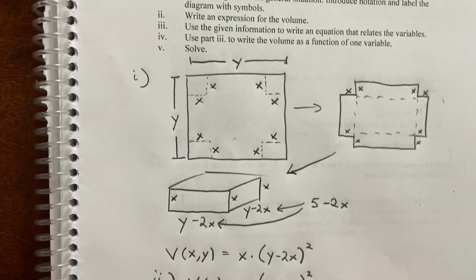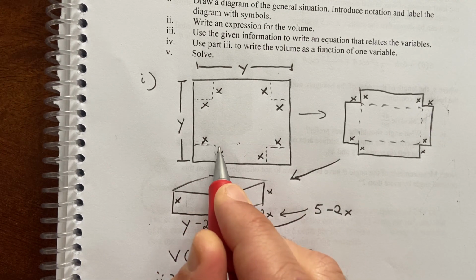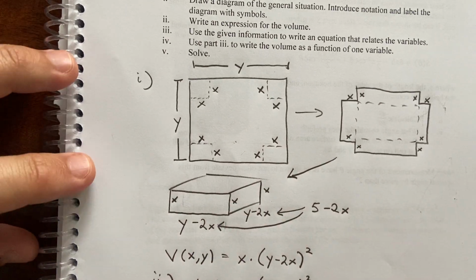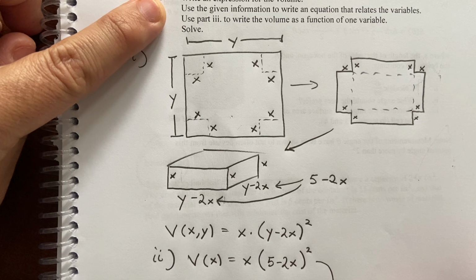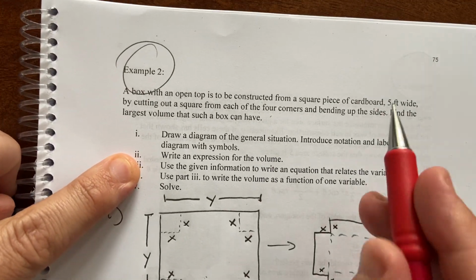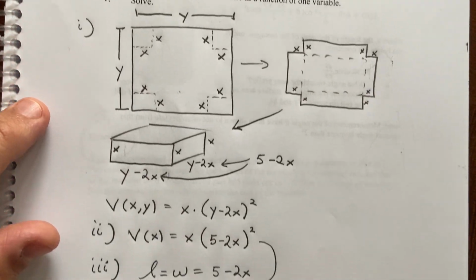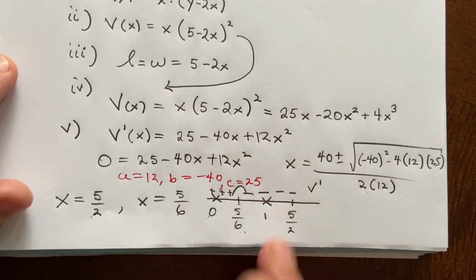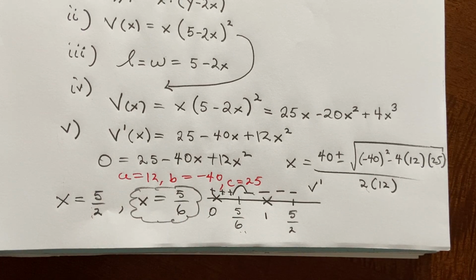So if I cut into this 5/6 of a foot, then I'm actually going to get the box with the largest volume. Keep in mind, the original question is actually to find the largest volume. So once I know that 5/6 is the cut I want to make, now I just need to evaluate the volume at 5/6.